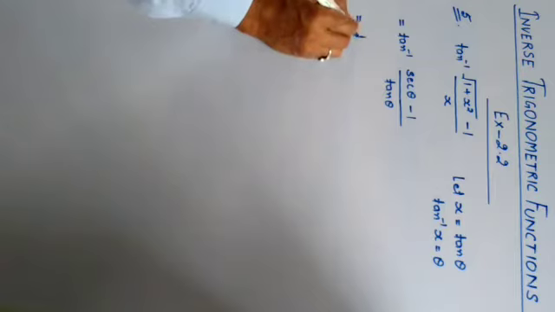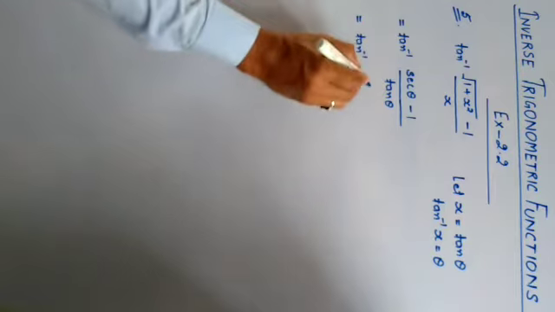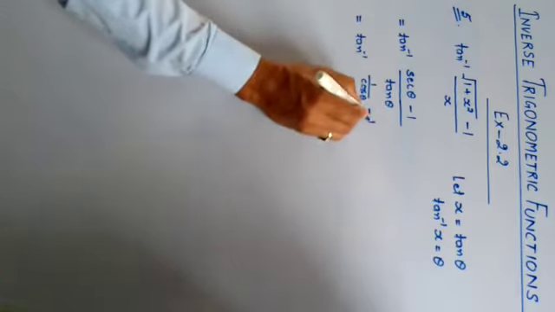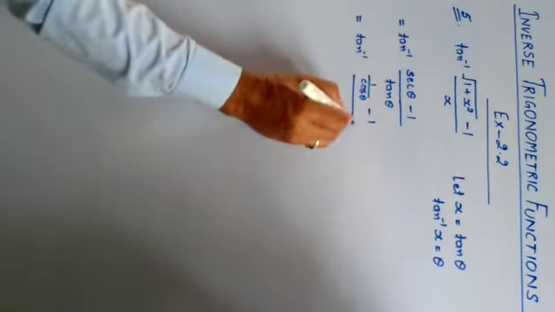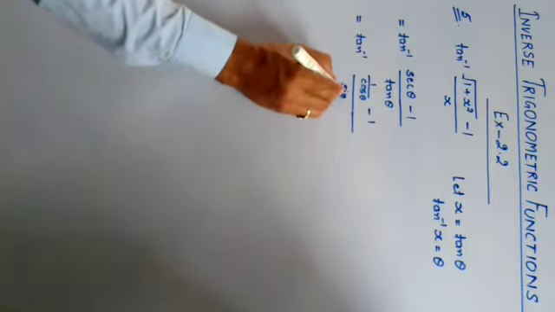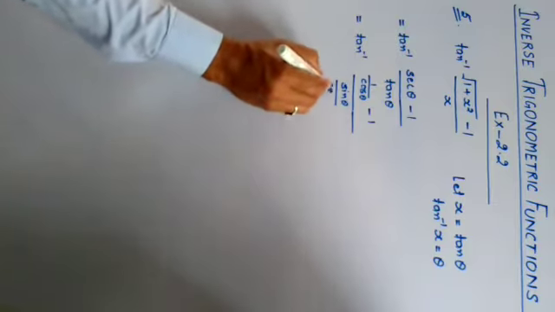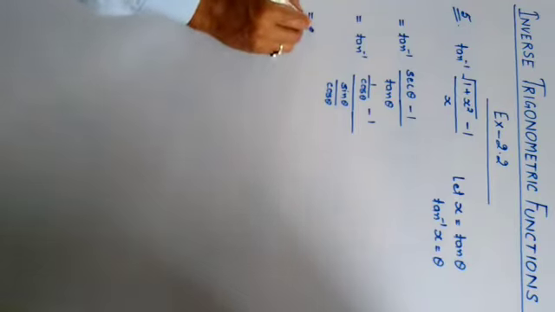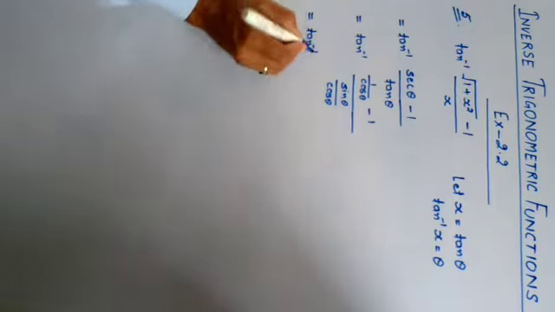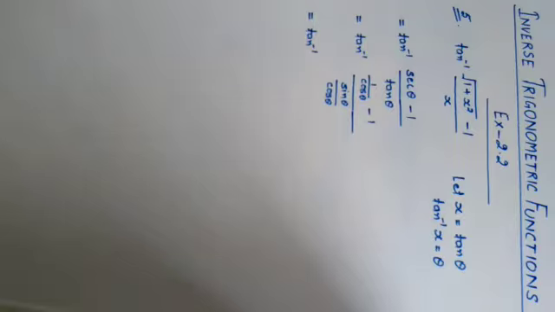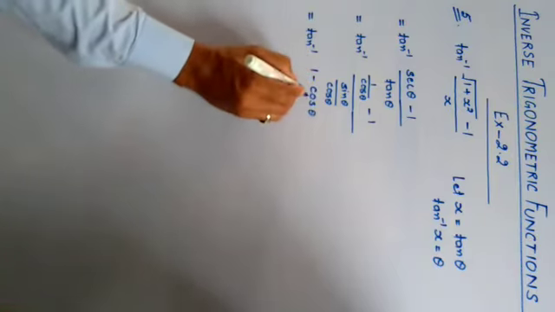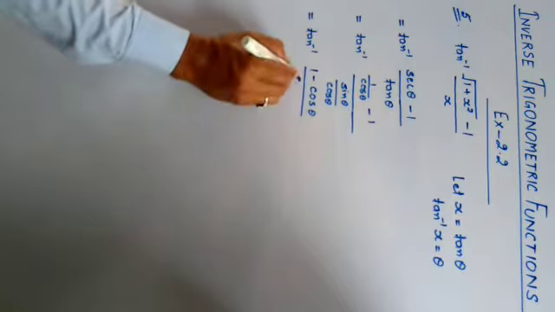Now we convert sec theta into 1 upon cos theta and tan theta into sin theta upon cos theta. If we simplify it after taking the LCM, we will get tan inverse of 1 minus cos theta upon sin theta.